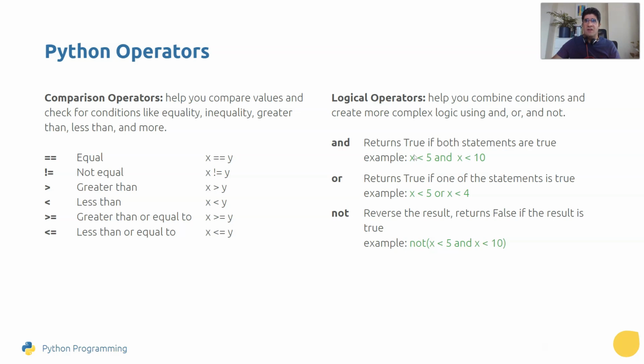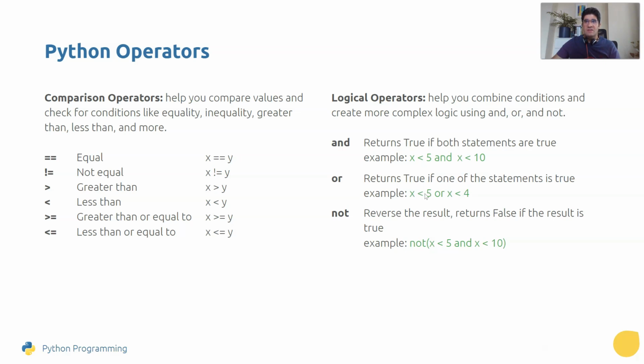For example, if x is equal to 7, x less than 5 will return false, and x less than 10 will return true. But because one of the comparisons returns false, the whole result will be false. For or, it will return true if one of the conditions is true.